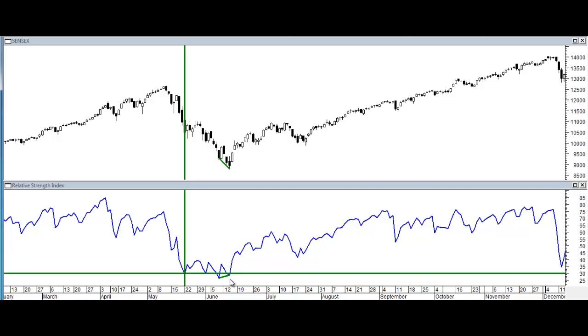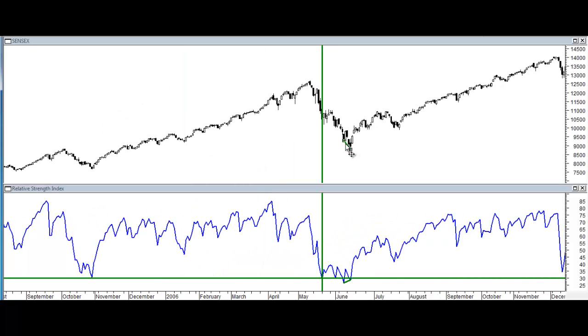And since then you have seen what kind of bounce and what kind of rally we witnessed post this positive divergence and short to medium term bottom.